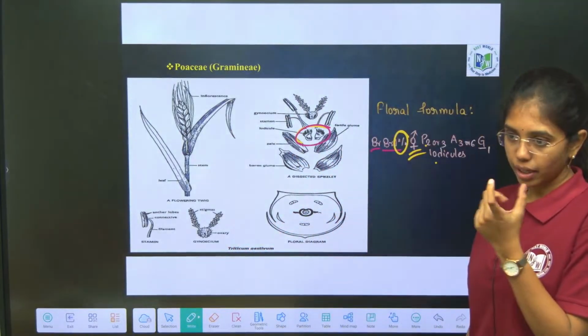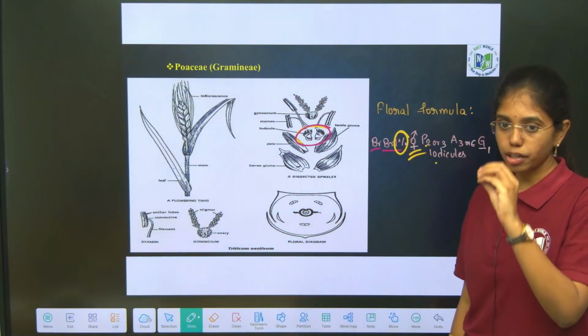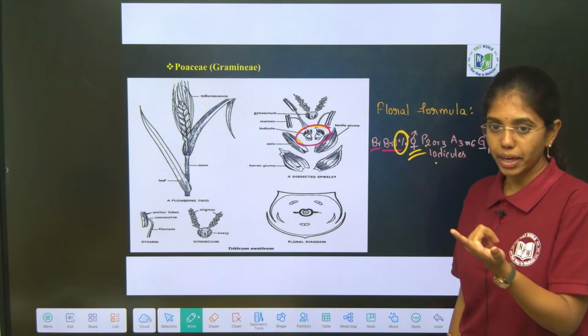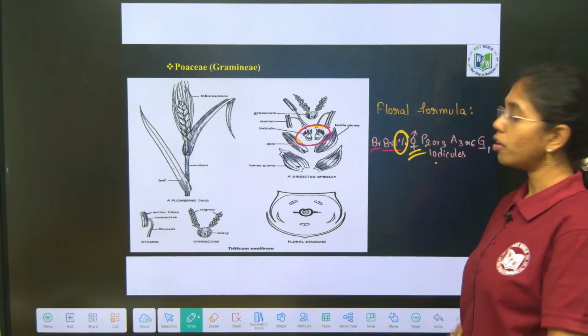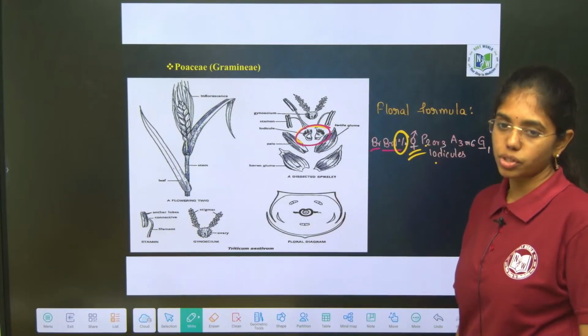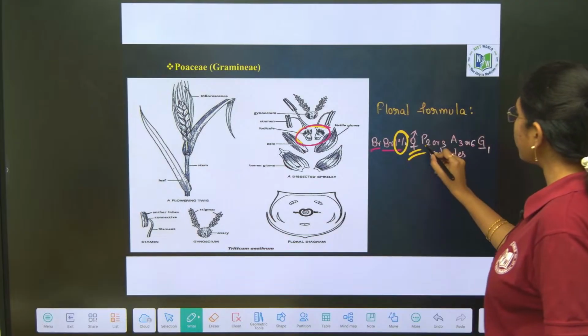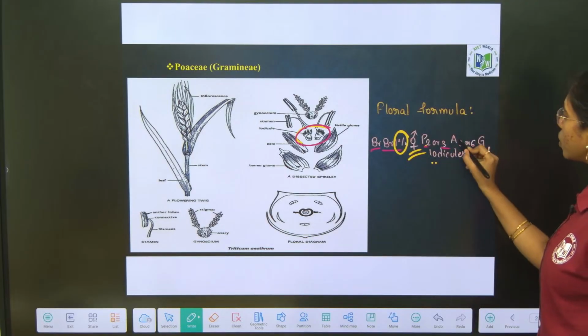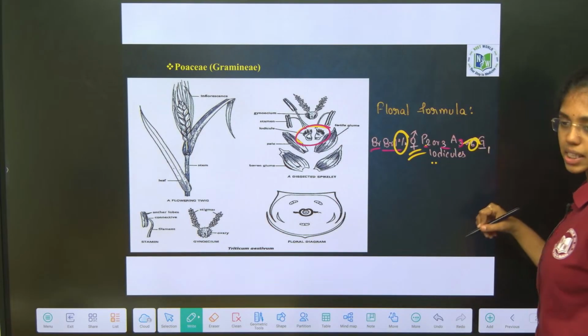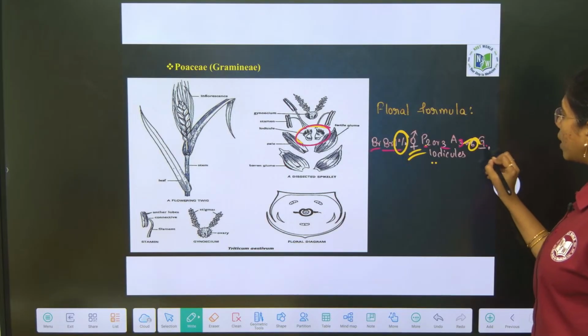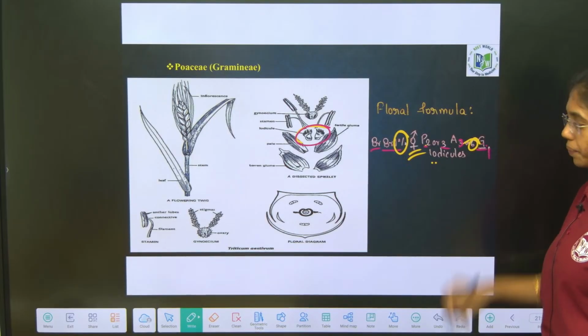Single leaf, single petals or sepals are reduced to single whorl, that is perianth. Perianth is further reduced into lodicules, paper-like structures covering the reproductive organs. So the lodicules can be 2 or 3, and then androecium is 3 or multiple of 3, that is 6. Gynoecium is monocarpellary, superior ovary 1.